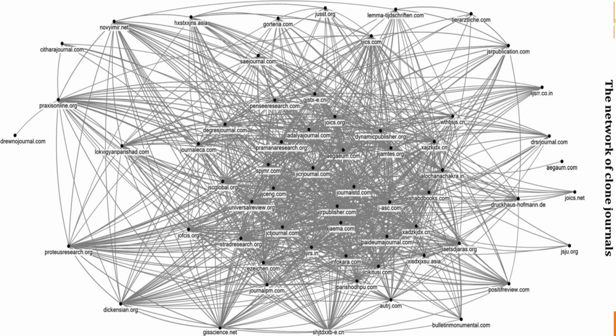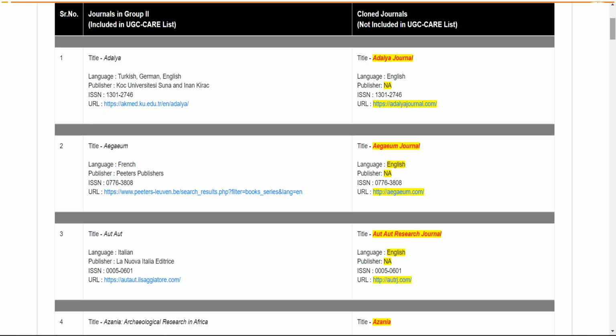It means these websites are run by the same group of people, the same kind of agencies, or you can call it a society. Even if you see the websites, you can find that their look, their methodology, and their web design process are the same. So it means all the clones are the same or related.